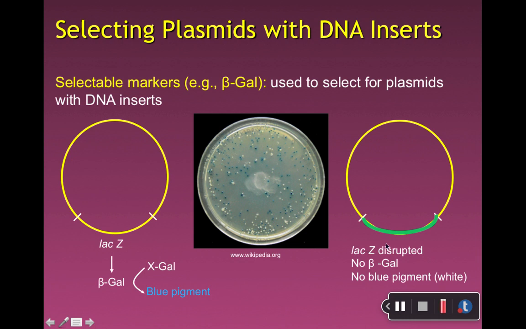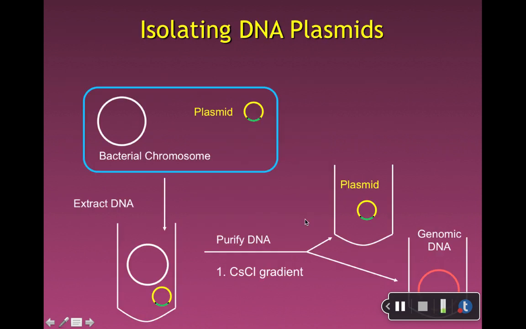So when that happens, the LAC-Z gene will not be expressed. It will not produce beta-galactosidase, and therefore you end up not producing that blue pigment. So all these colonies shown in white here, those are from bacteria that have had plasmids that have taken up a piece of DNA. So those are the ones you would want to focus on.